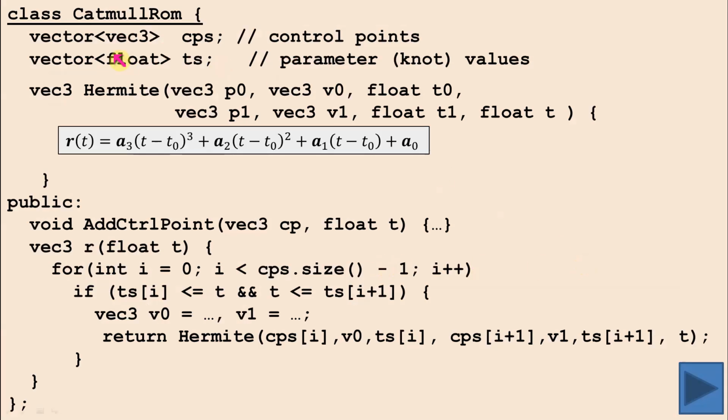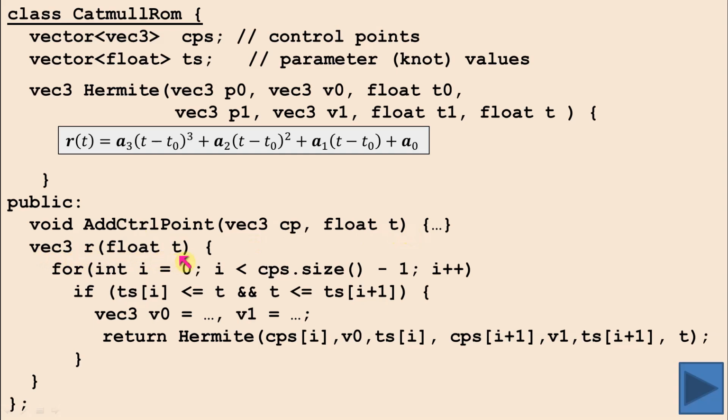Let's see the implementation. In the Catmull-Rom object, we store the control points and also the knot values, the parameter values where we expect the curve to be exactly in that particular control point. That is similar to the implementation of the Lagrange interpolation curve.